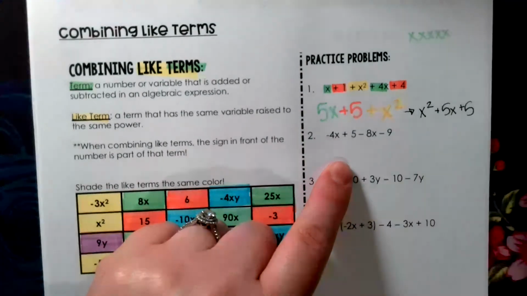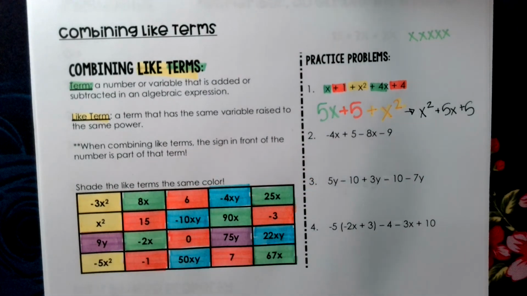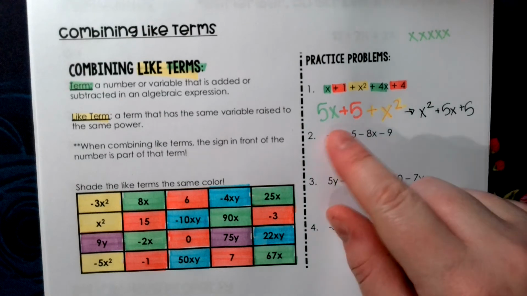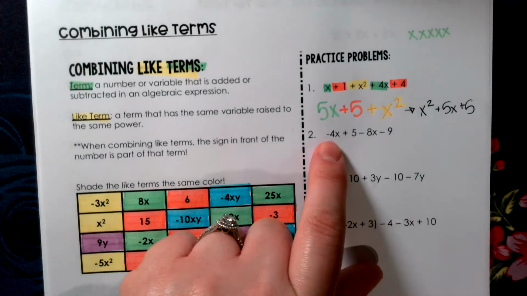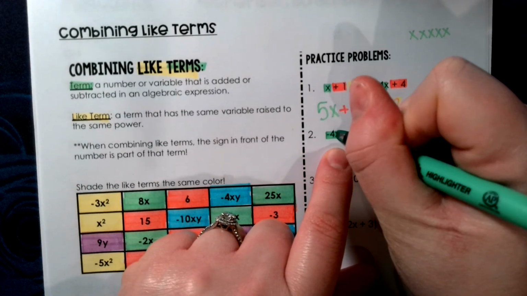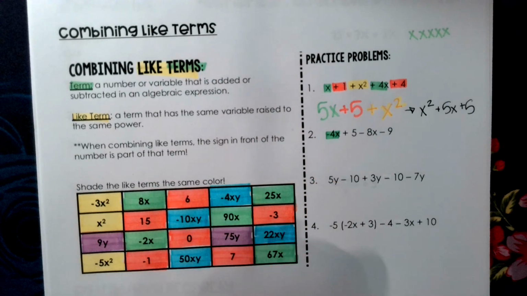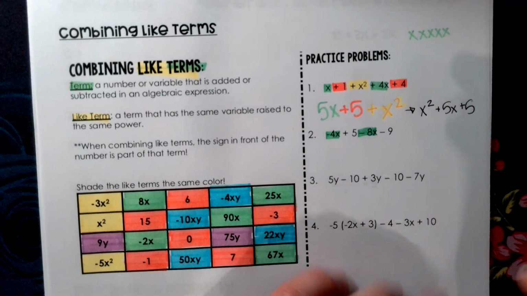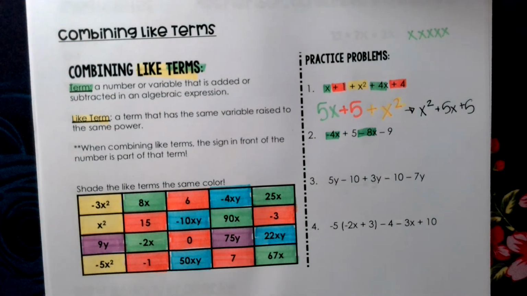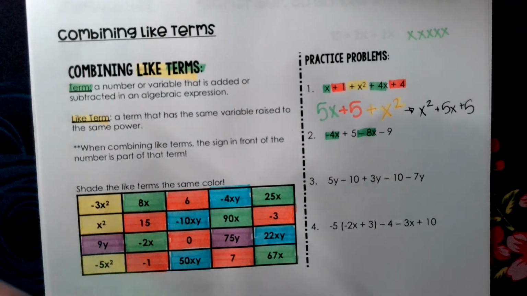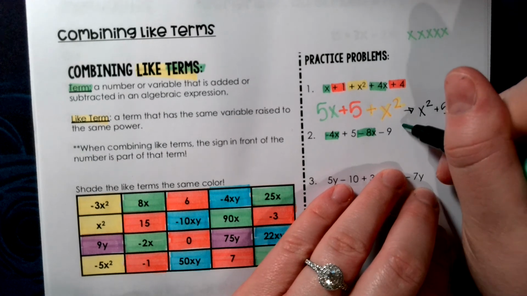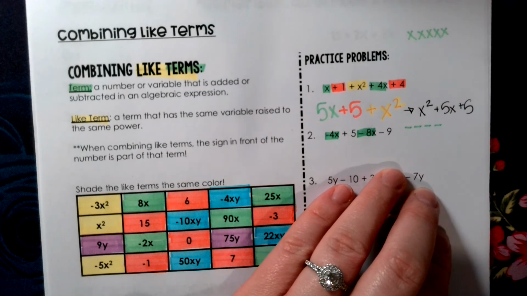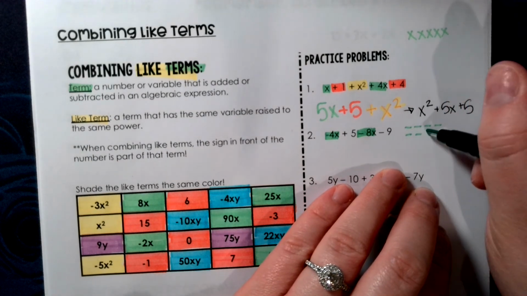Next one, let's do one more together. So we have our x's. First we have our negative 4x, and then what's going to go with that? Minus 8x. So that means I have negative 4x and negative 8x.